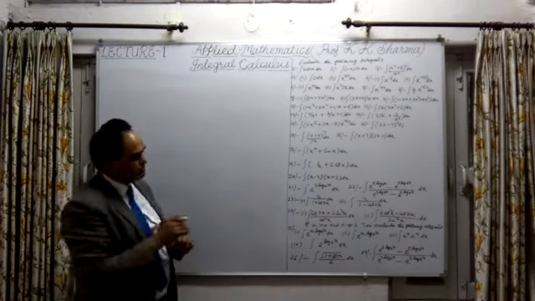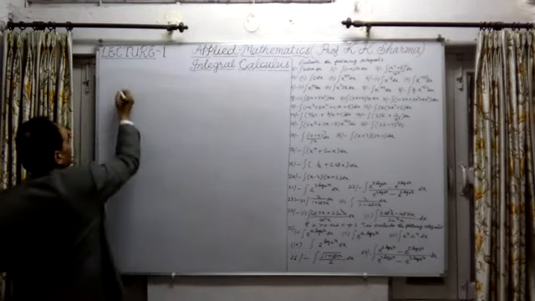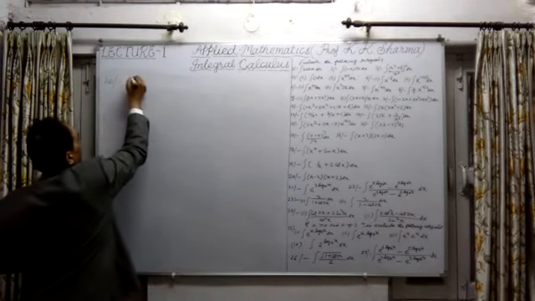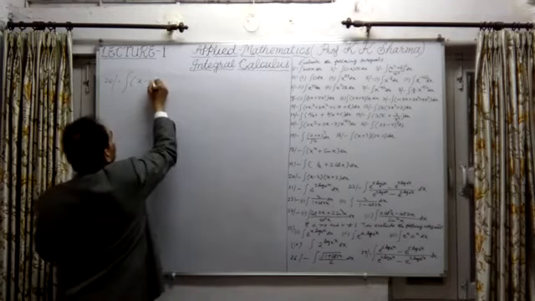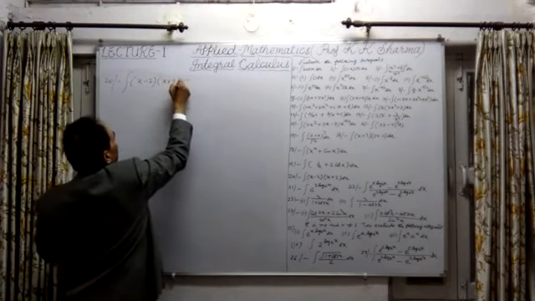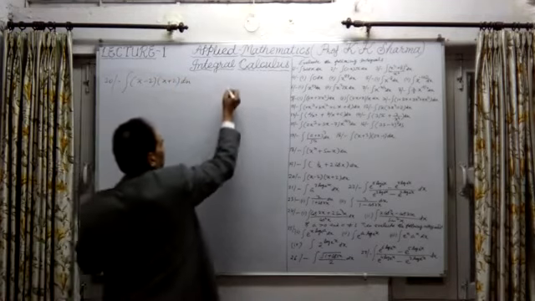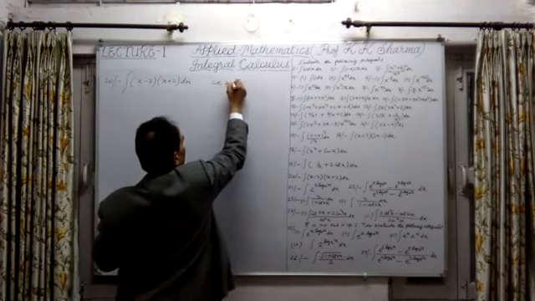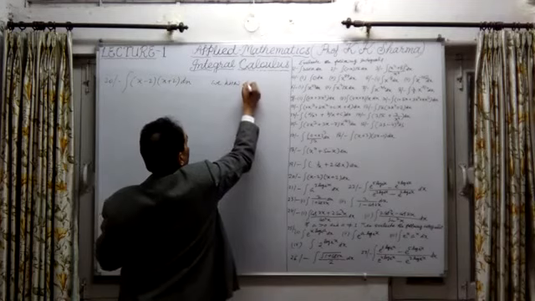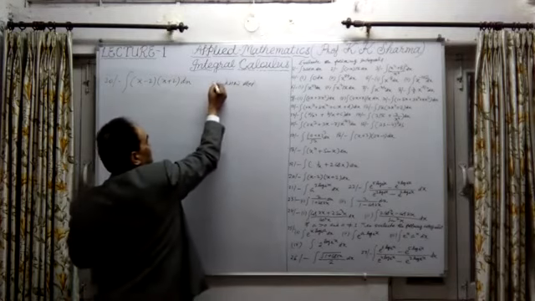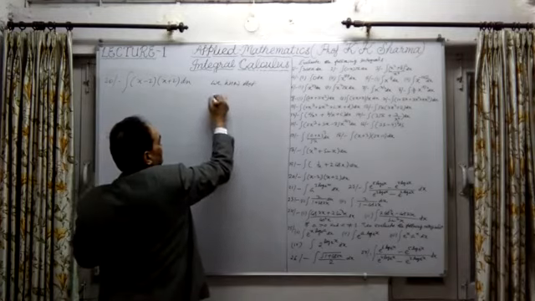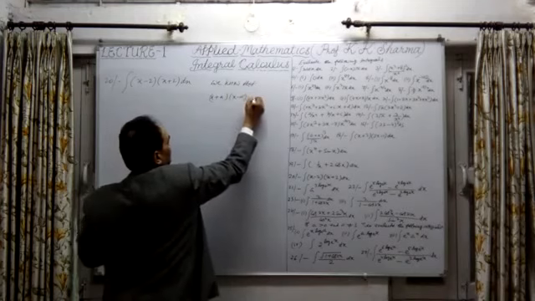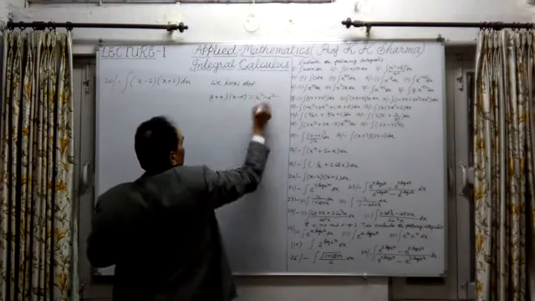What is the question? The 20th says, the integration of x minus 2 into x plus 2 into dx. We know that in the case of algebraic formulae, x plus a into x minus a is equal to x square minus a square.